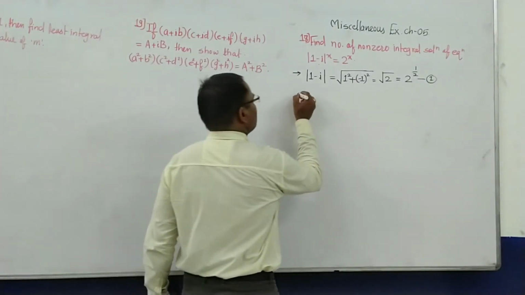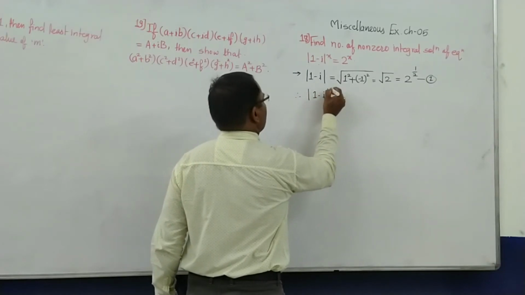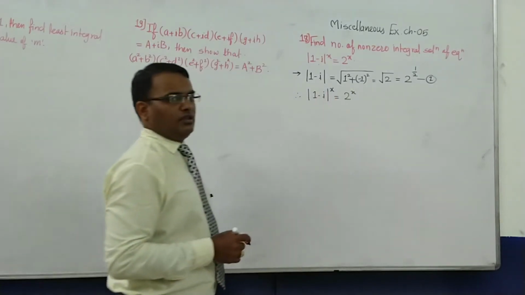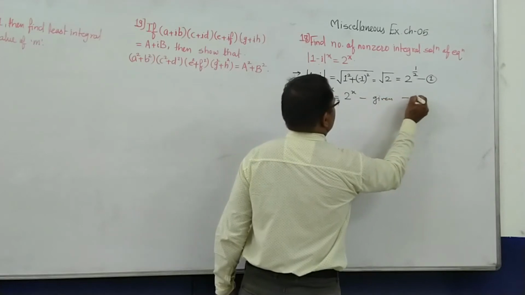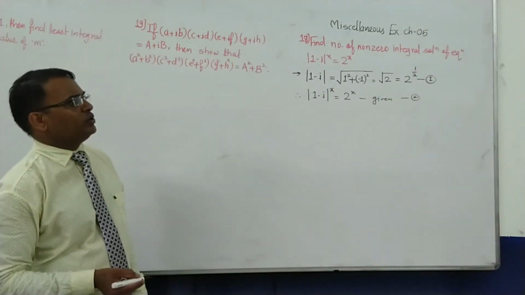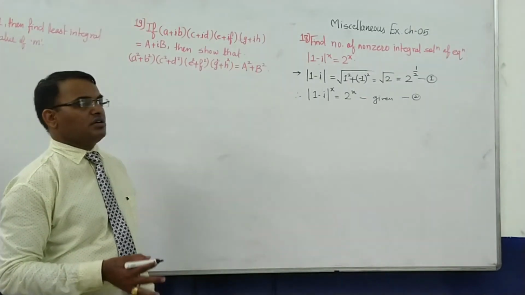Now what we have? We have mod of 1 minus i raised to x is equal to 2 raised to x. This is what is given, and consider it as equation number 2. Now can we consider equation number 1 and 2?